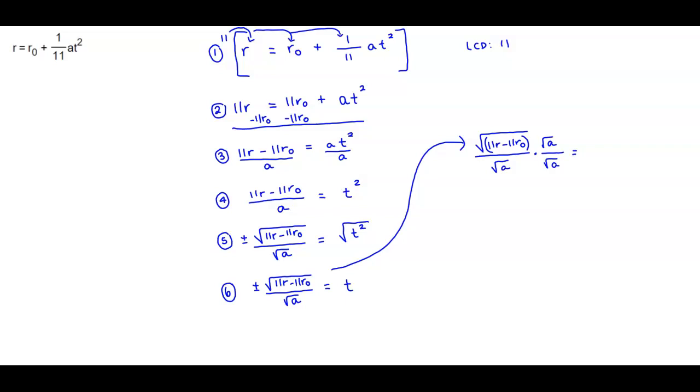That means we multiply a times that entire parenthesis. So we get the square root of a times 11r minus 11r subscript 0 all over the square root of a squared. Then we can also factor out the 11, so this is 11a times r minus r subscript 0 over the square root of a squared, which is a.